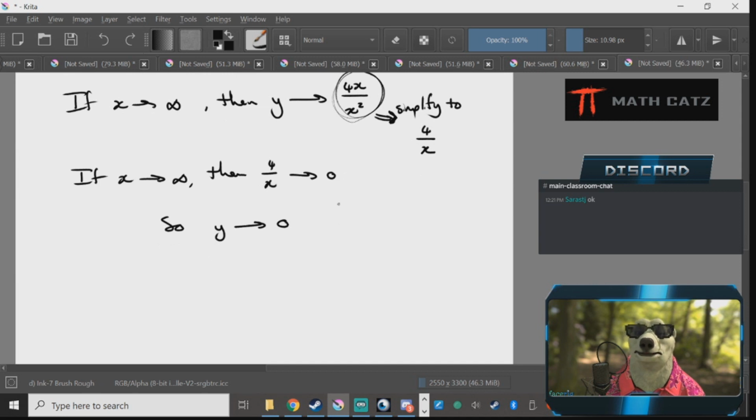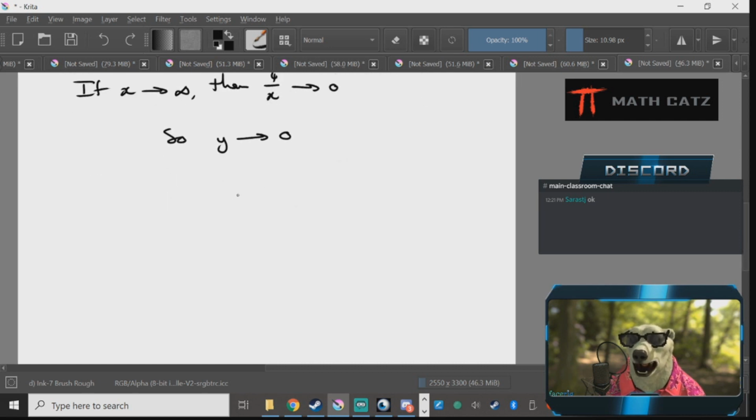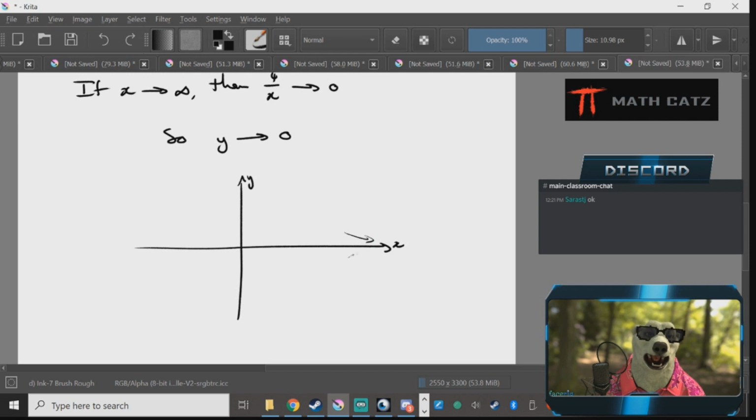So that means if I were to graph it, let's maybe do that. I don't have a lot of time, but I'm doing it anyway. If I were to graph this, I have no idea what this graph looks like. It's a lot of work. But eventually, it's going to head down towards a y value of 0. I don't know which one it is. I can figure it out, but I don't have the tools right now.